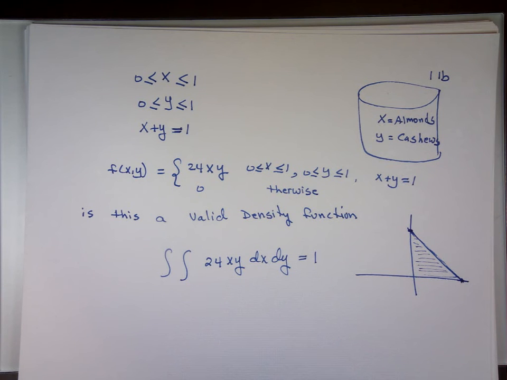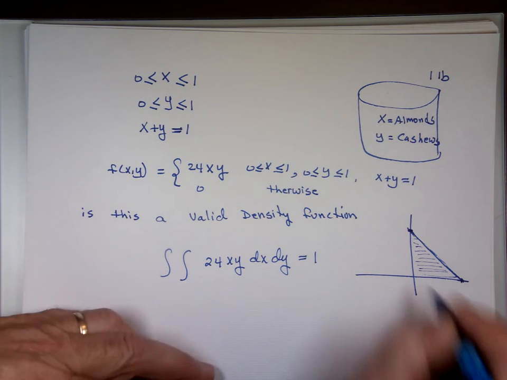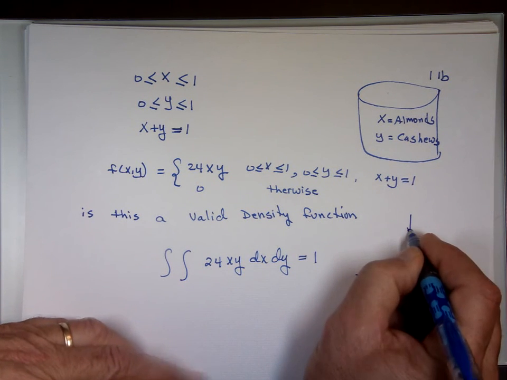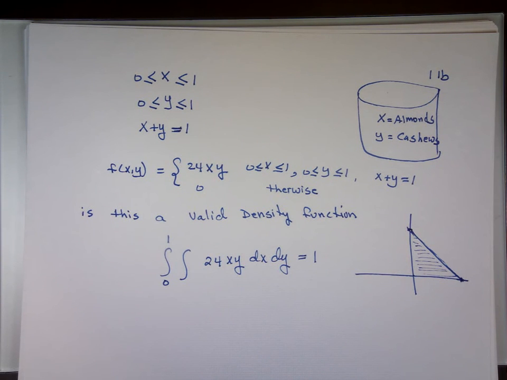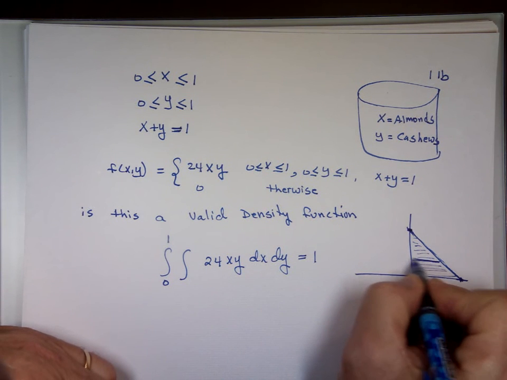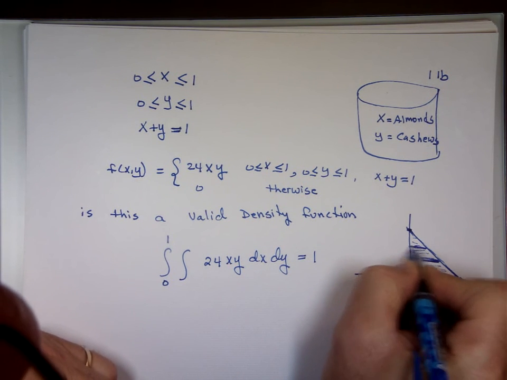So if you want to put y on the outside, the y value is going from 0 to 1. Where's the x value? Is x going from 0 to 1 here? Would it be 0 to 1 minus y? Correct. Now notice this piece, it goes right here. The next piece, it goes right here. The next piece, it goes right there.